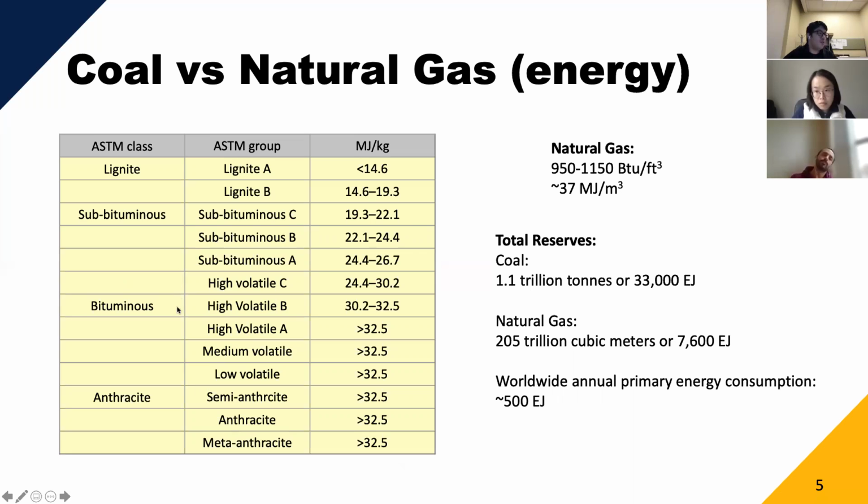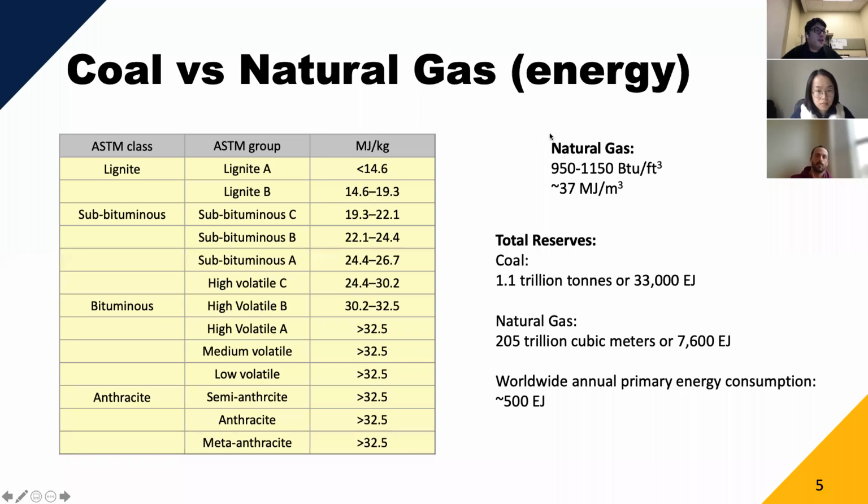And we much prefer to have things like bituminous and anthracite due to the higher energy density of the coal. And actually, the U.S. is known for having higher quality reserves of coal, and so there's a lot of bituminous and anthracite mainly being produced out of the U.S.